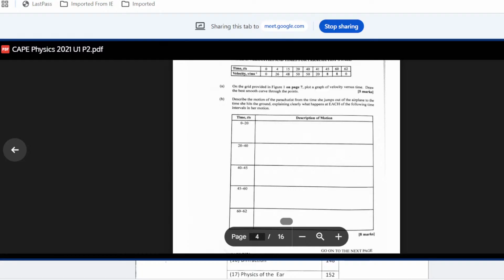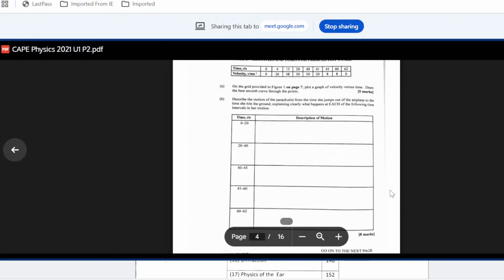She's at constant motion after pulling the parachute. The terminal velocity of pulling the parachute, I would say. So we can say that the velocity decreases from 40 to 45, because of the opening of the parachute.